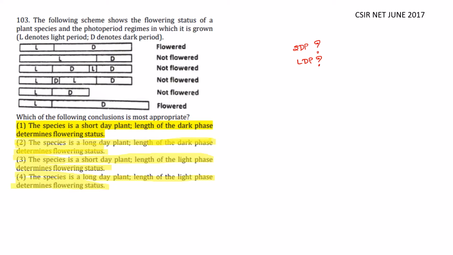We know that a short day plant needs a long night for flowering. Night is determining flowering, it is not the day.